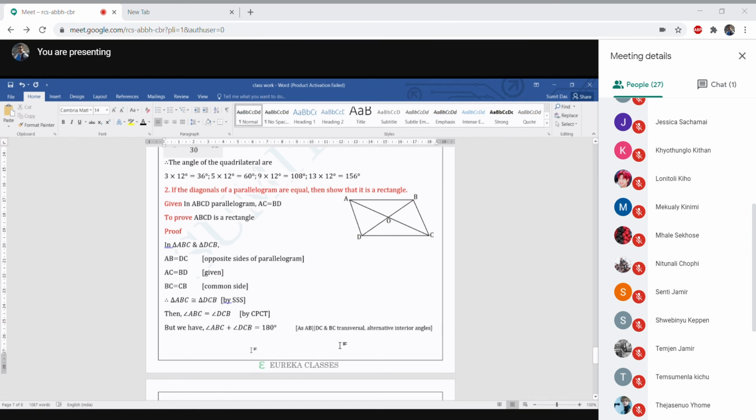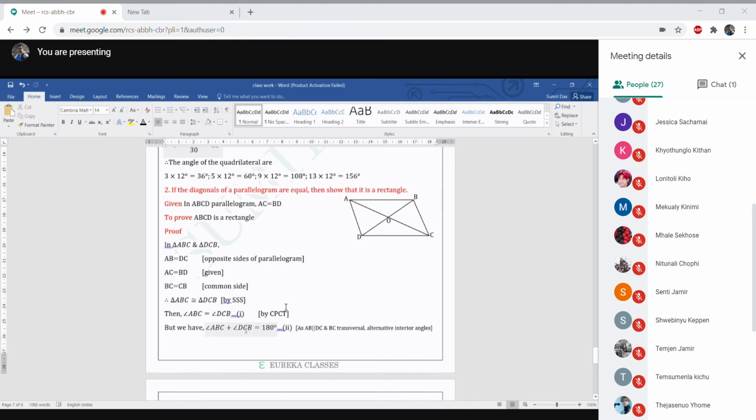Then we have to mark this one as 1 and this as 2. From 1 we can see ABC equal to DCB, and from 2 we can see ABC plus DCB equal to 180 degrees.